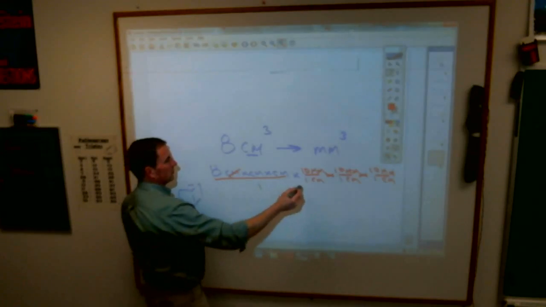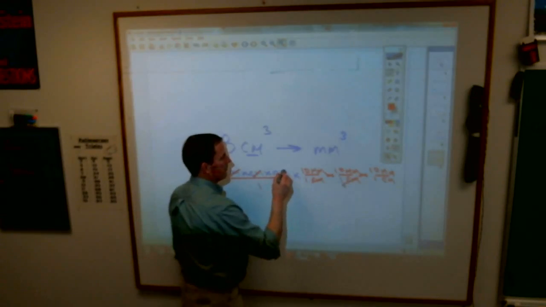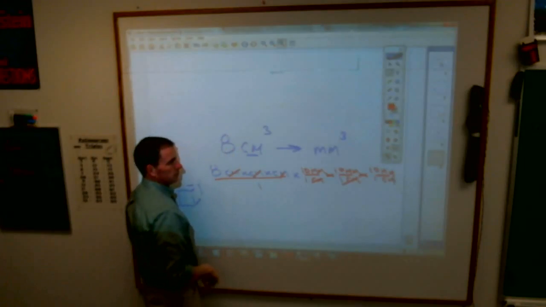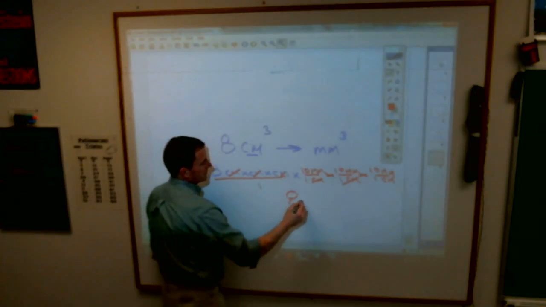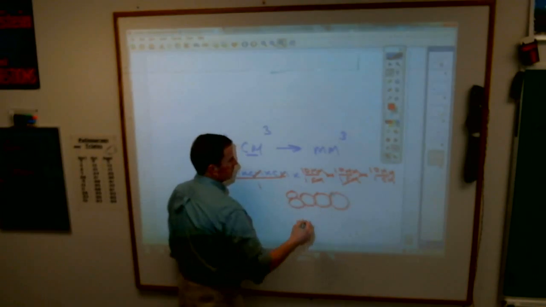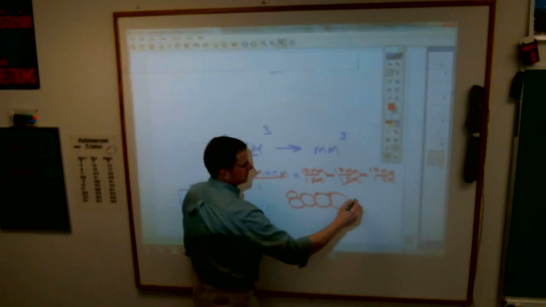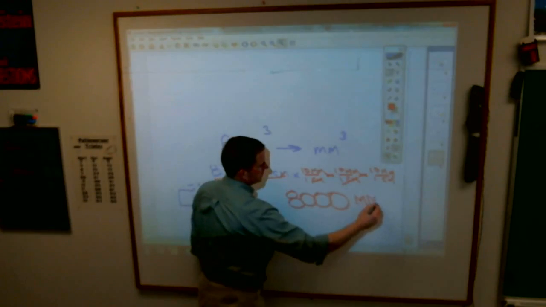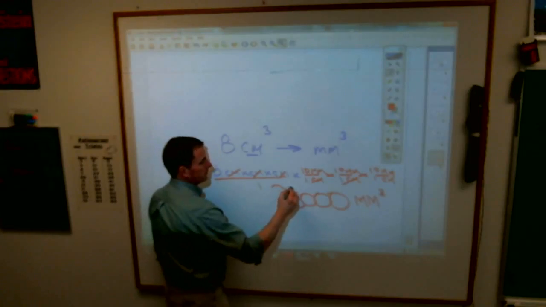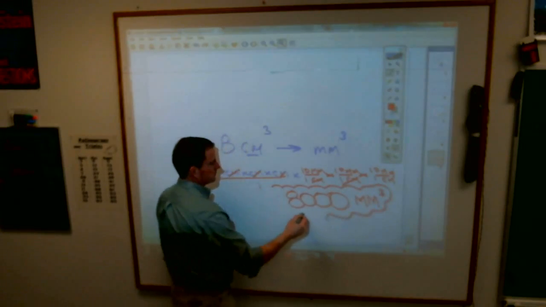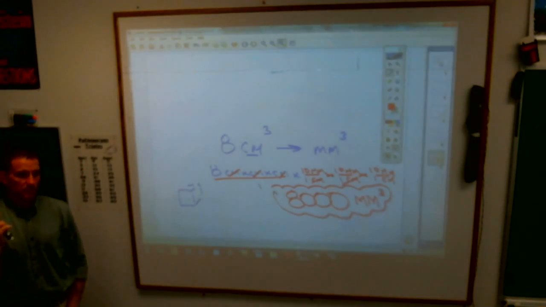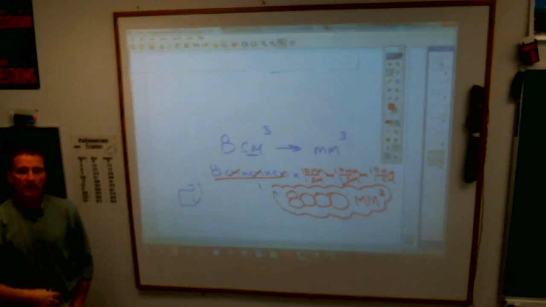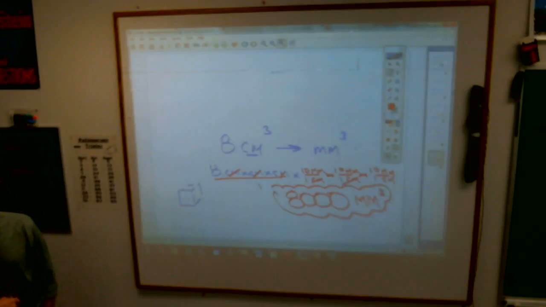My centimeters all cross off. Fortunately for you, the math on this is pretty easy. 10 times 10 times 10 times 8 is 8,000. And what's my label? Millimeters cubed. The deal is if you're changing area, you need double the unit multipliers. If you're converting volume, because it's in cubic units, you need 3 unit multipliers.